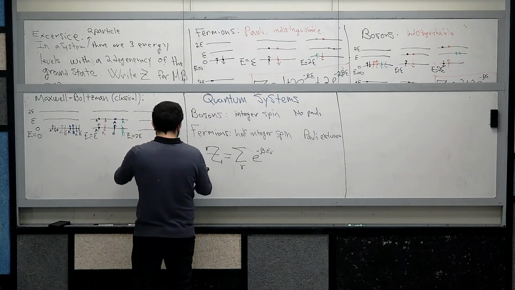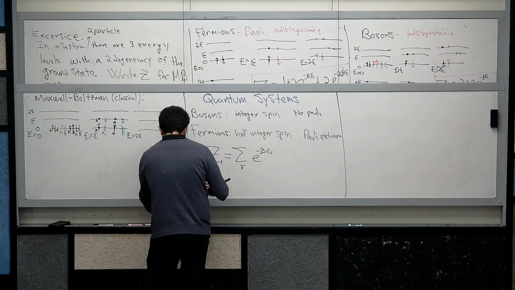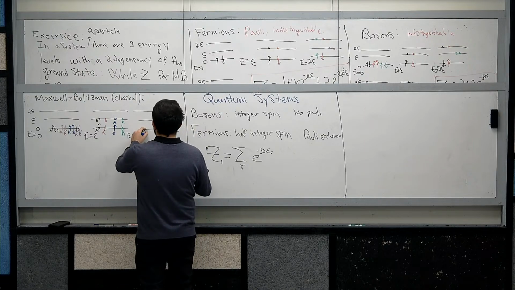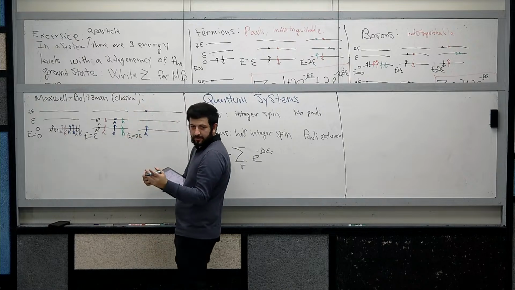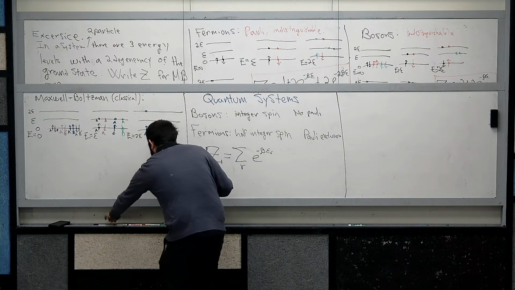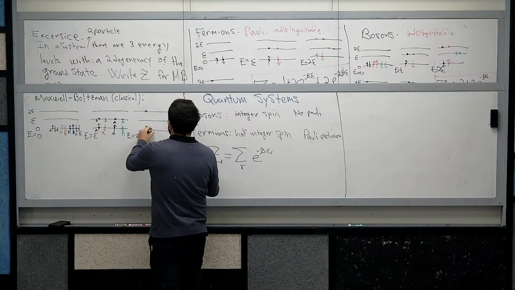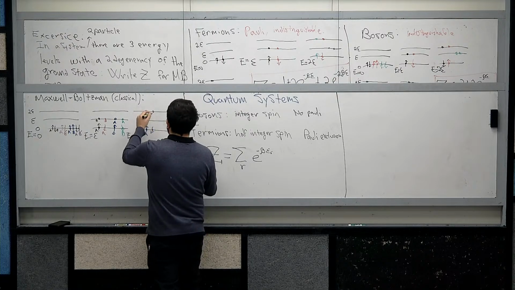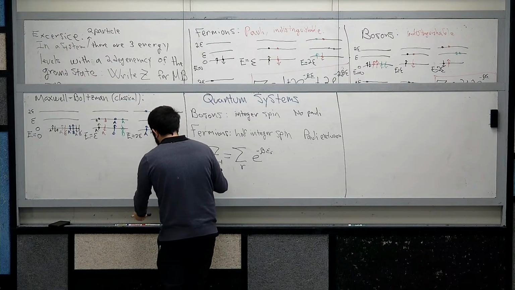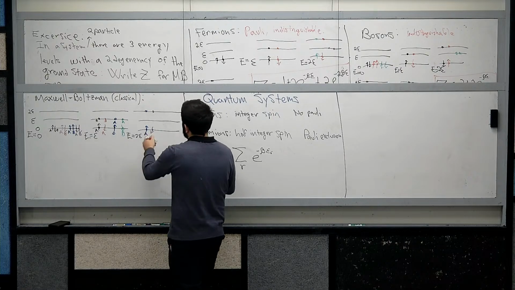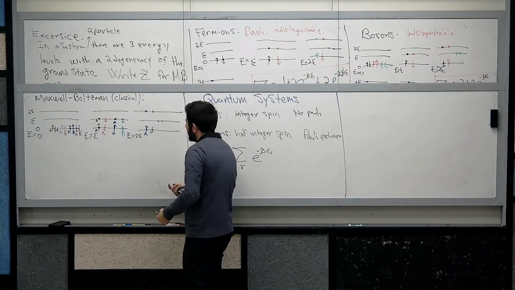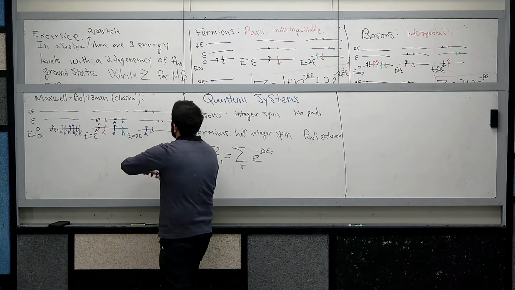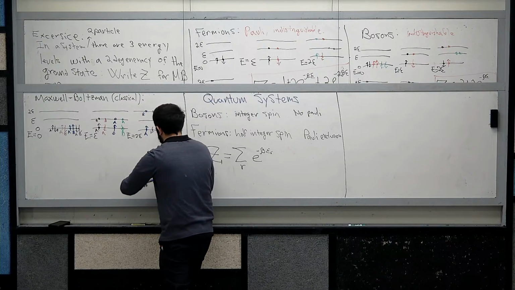Now with 2 epsilon, what are the possibilities? One here, and A can spin down. Then I can have both in the same state. Note, I didn't put the A and B here.